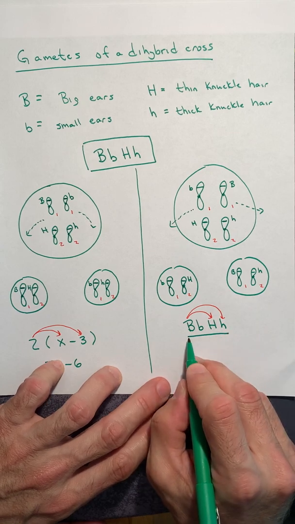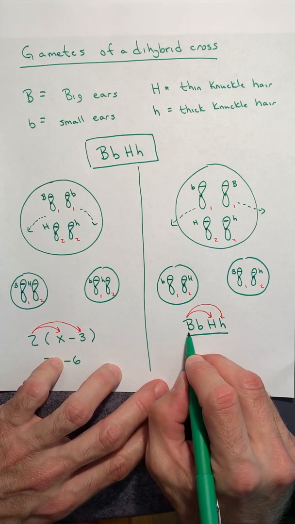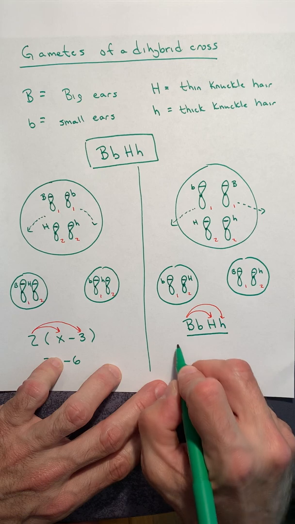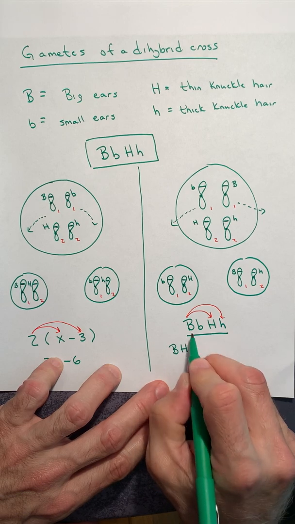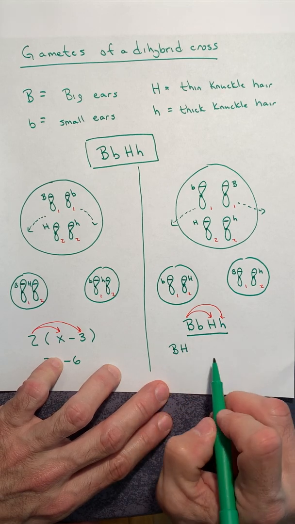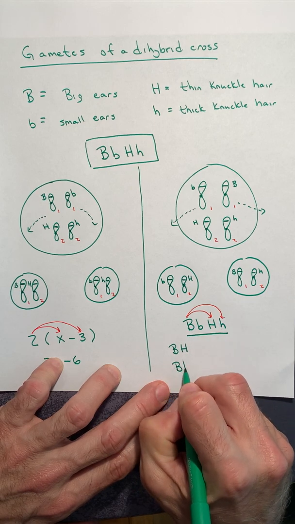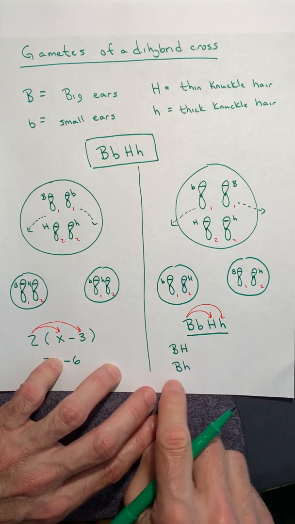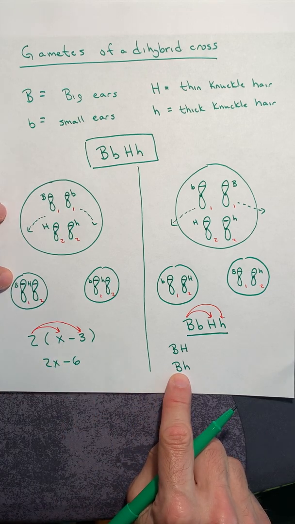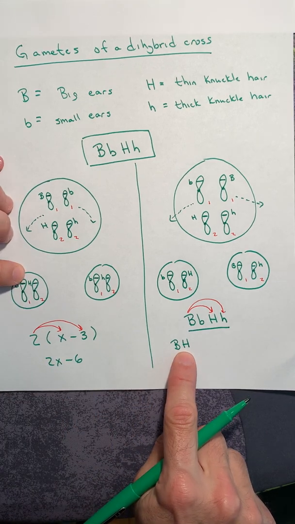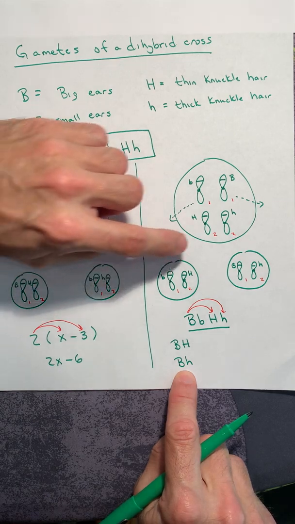Well, if I distribute my big B, I could offer her big B, big H. I could offer her big B, little h. And you see these two combinations here. Big B, big H here. Big B, little h here.